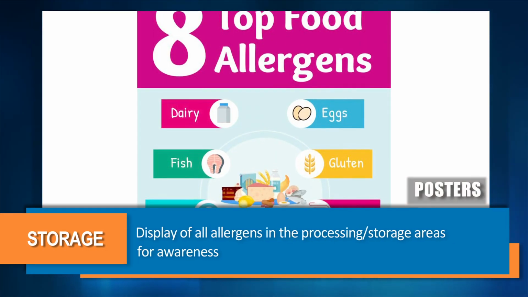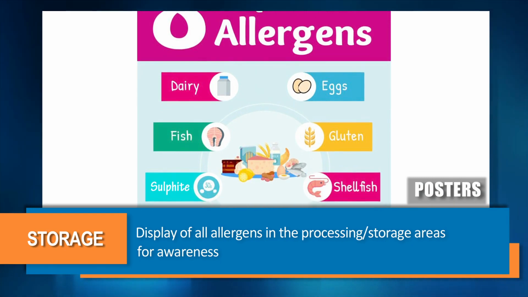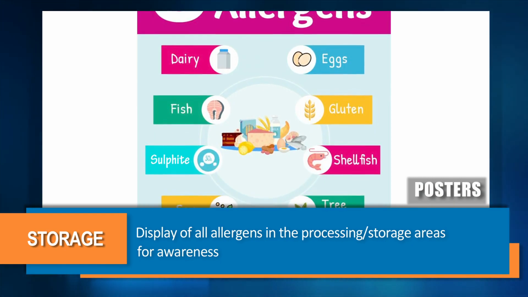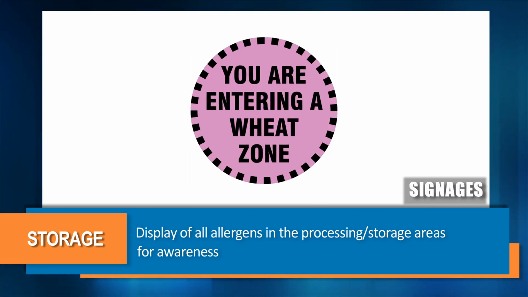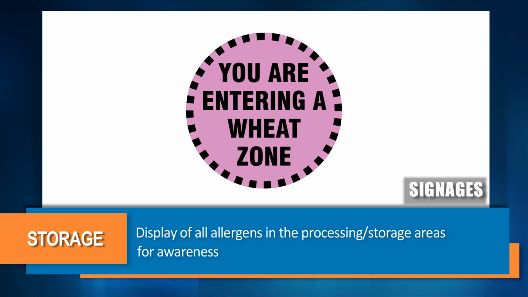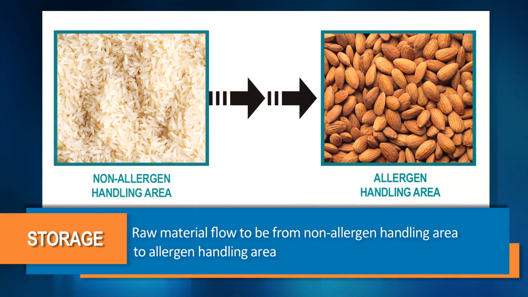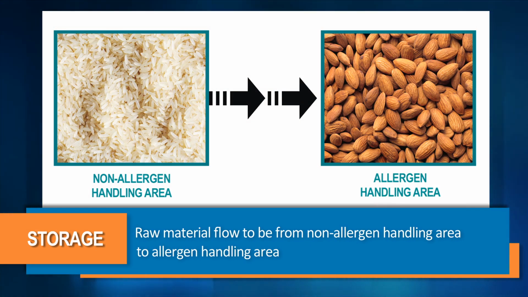Display of all the allergens at the relevant places in the processing and storage areas should be done for awareness among the employees. Flow of raw material should be done from non-allergen handling area to allergen handling area to prevent cross-contamination.